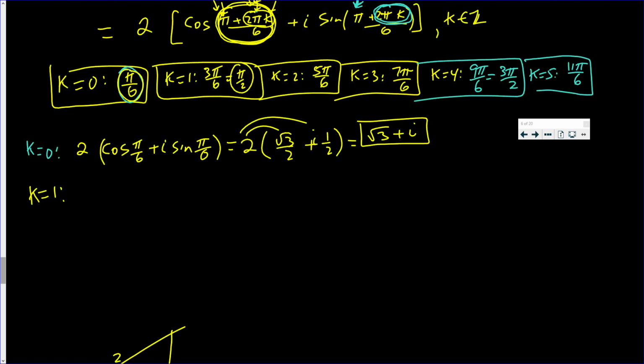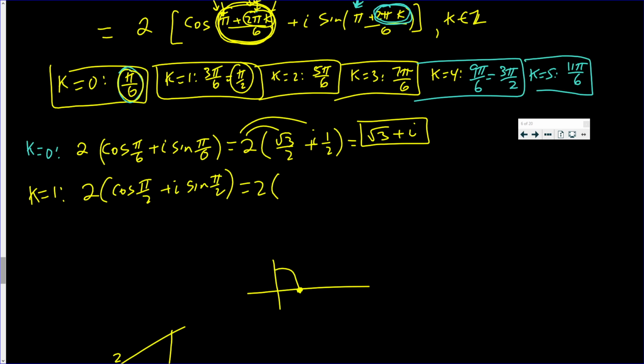The angle is pi over 2. So you get 2 times the cosine of pi over 2 plus I times the sine of pi over 2. There's the 2. The cosine of pi over 2 is 0, plus I times the sine of pi over 2, which is 1.